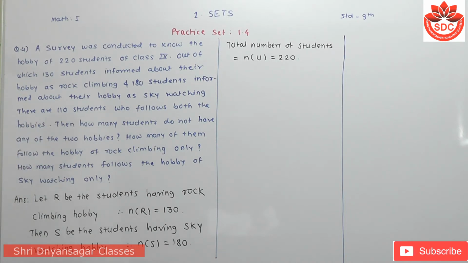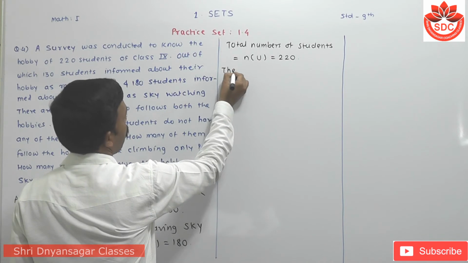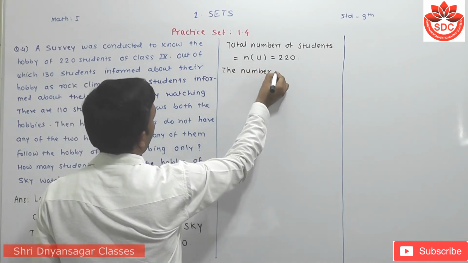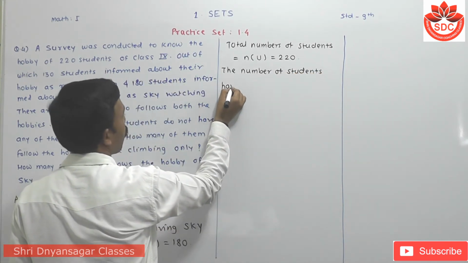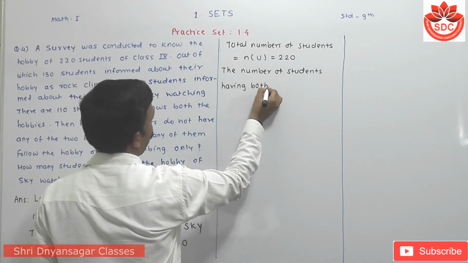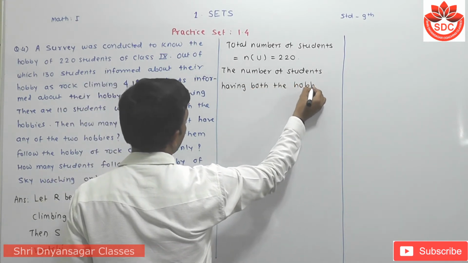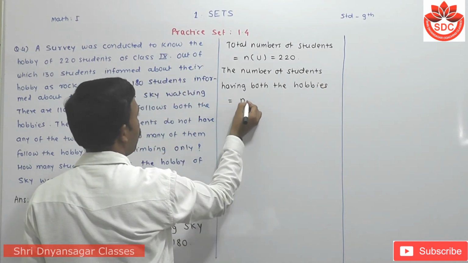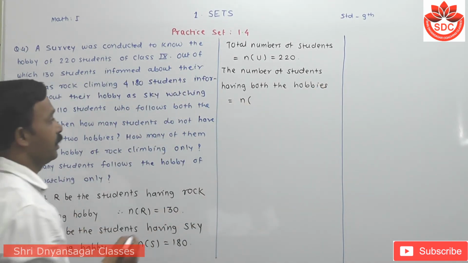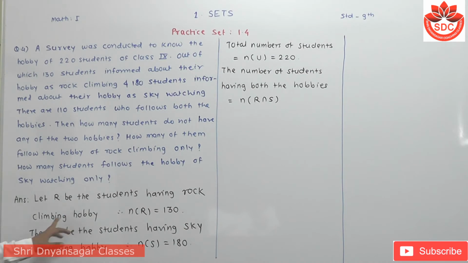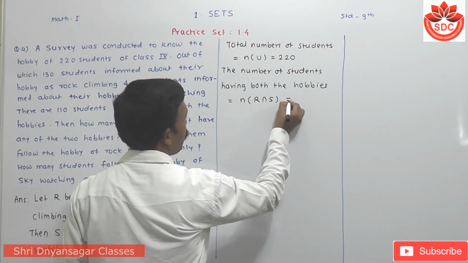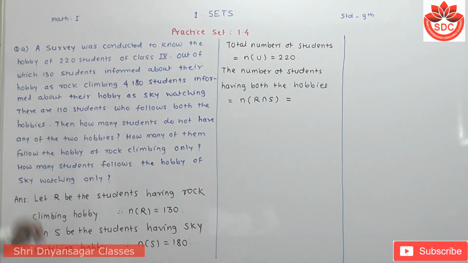Here the number of students having both the hobbies is 110. So the number of students having both the hobbies is equal to, here both means their intersection, that is n(R ∩ S), R for rock climbing and S for sky watching, is equal to how much? This is 110 students.